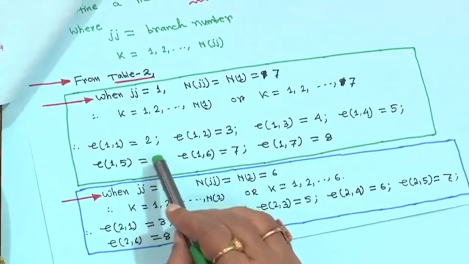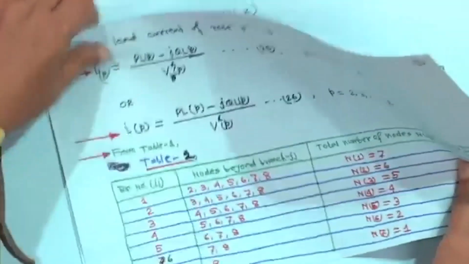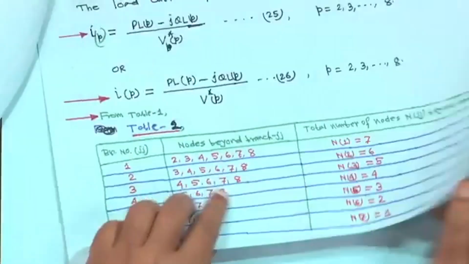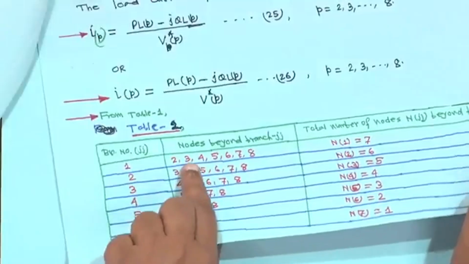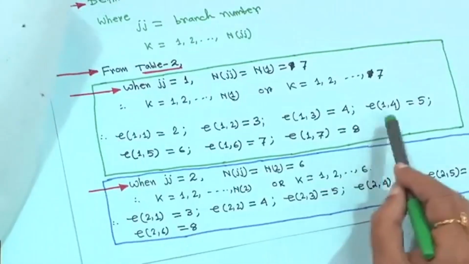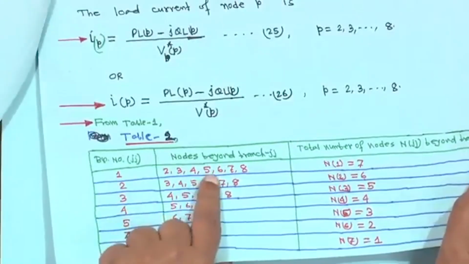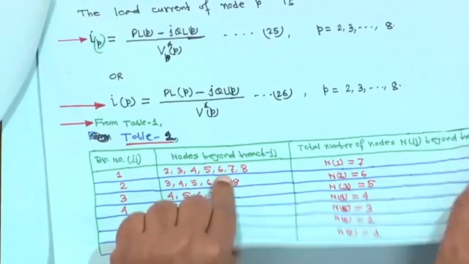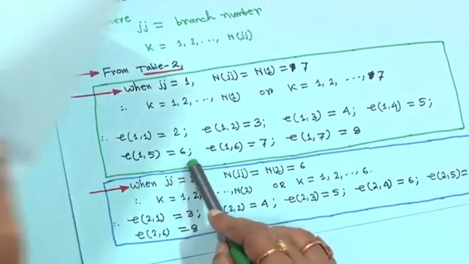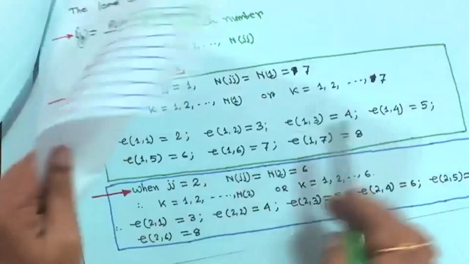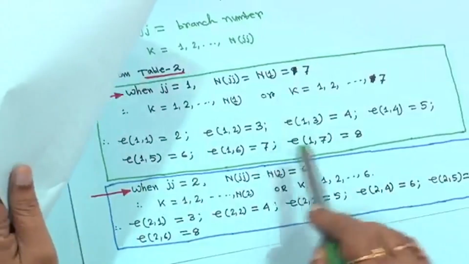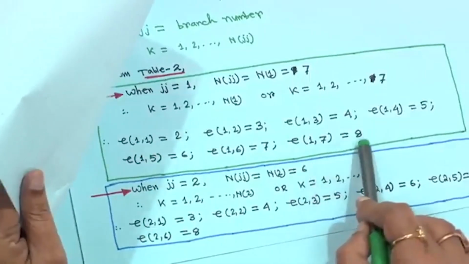You have to read this data: E11 is equal to 2, then E12 is equal to 3, then E13 is equal to 4, E14 is equal to 5, the fourth element. E15 is equal to 6, the fifth element. Then the sixth element, E16 is equal to 7, and the seventh element, E17 is equal to 8.